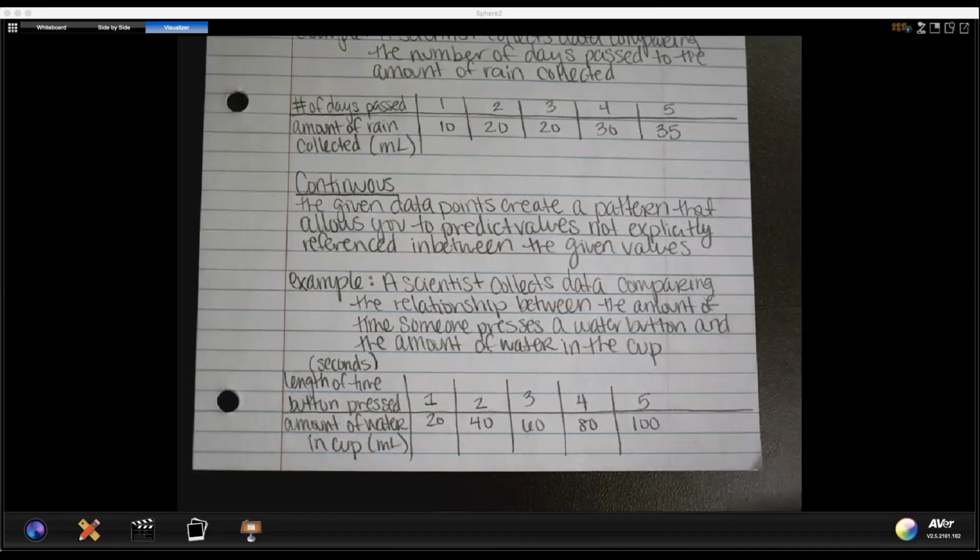So what I would say before we leave this page real quick is to write yourself some notes for continuous versus discrete. Okay, so remember with discrete, we can't have half of the data. We can't have half of a car, half of a whatever. That's what fractionalize means. There's no in between points. You can't have half of an input, that type of information.